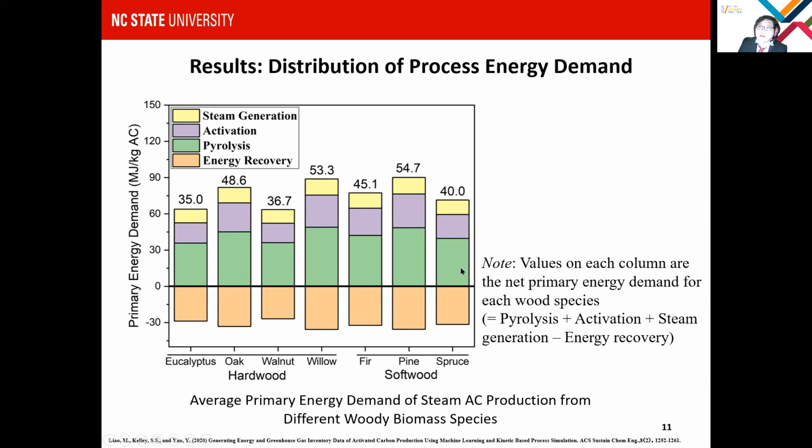We can see that most of the energy is used in the pyrolysis, some in the activation, and the remaining used for generating the steam. We can see their average energy consumption ranges from 60 to 90 megajoule per kilogram of activated carbon, and the energy recovery from burning the pyrolysis gas can recover around 30 megajoule per kilogram of energy consumption.